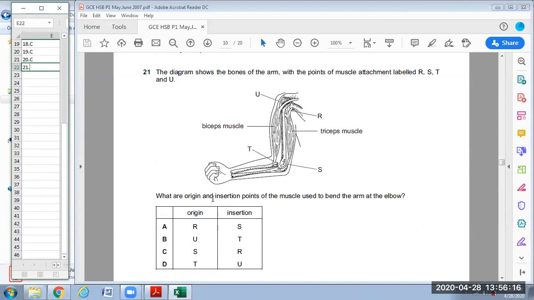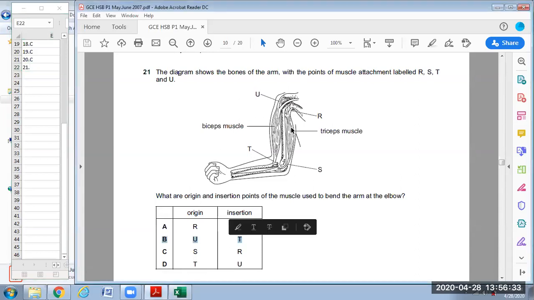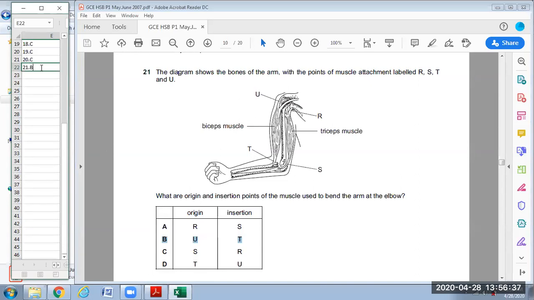If you look on top here, U is origin, so I'm looking for U and T. That's the line up there. B.